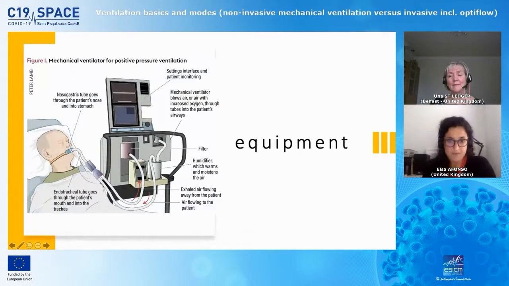All must be connected to high pressure sources of oxygen and air, either an outlet on the wall or an oxygen and air cylinder. Once the gases enter the ventilator, they're blended to produce a fractional inspired oxygen concentration, or FiO2, which is set by the person who sets the ventilator.